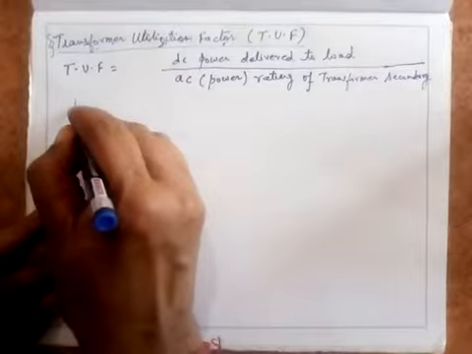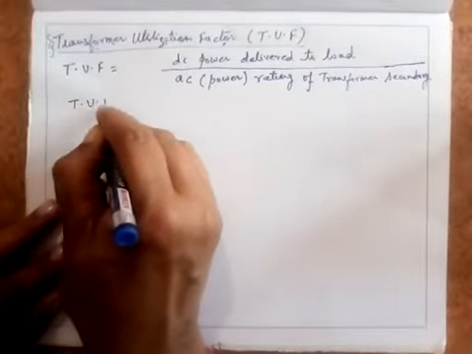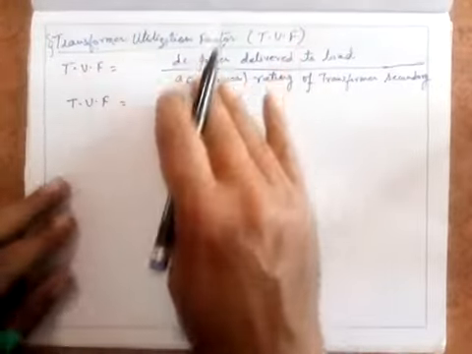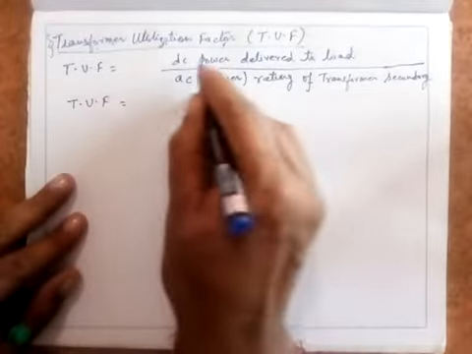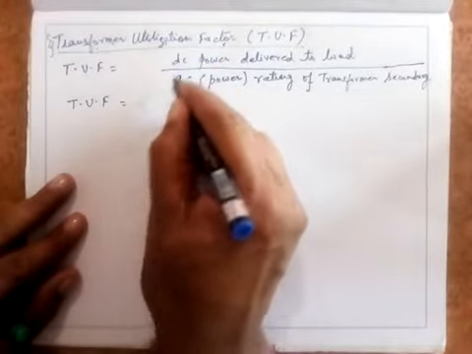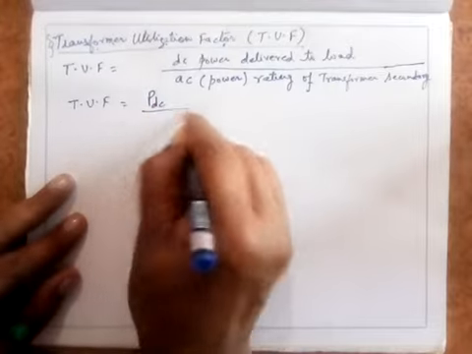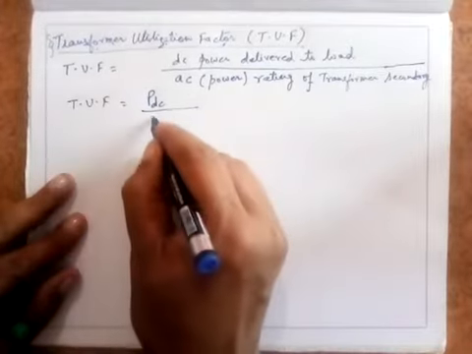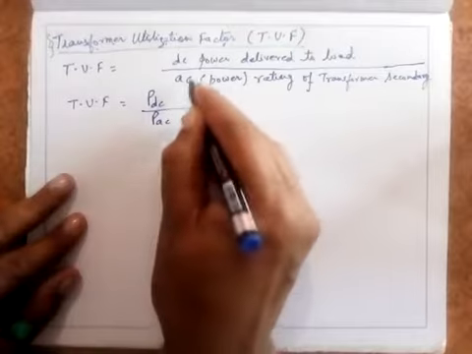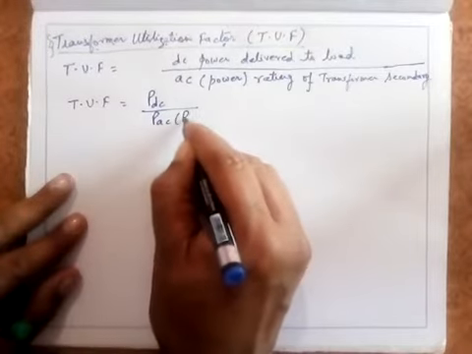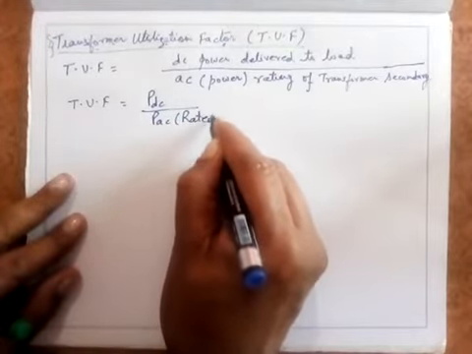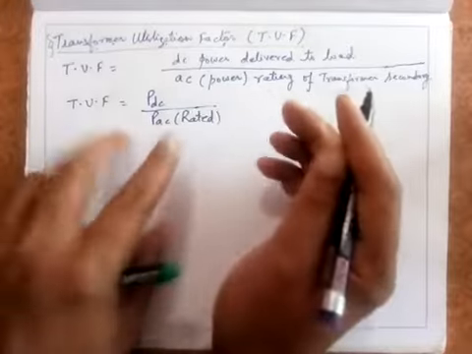So I can say that TUF is equal to the power delivered to the load. Of course it is DC power delivered to the load, so it is PDC upon PAC rated; this is how we define it in short. That is the transformer. What is the rating?